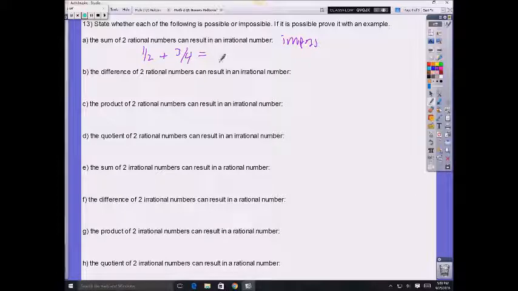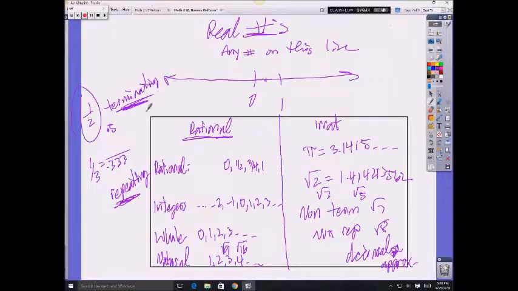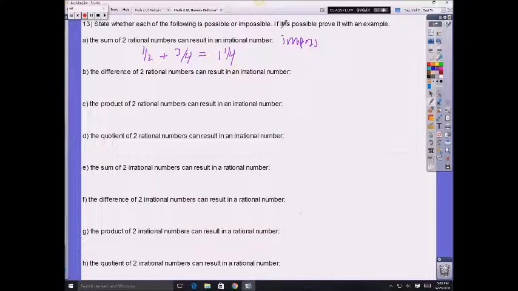Nope, 1/2 and 3/4 is 1 1/4. Your fractions are always going to create other fractions that either terminate or repeat. That is the same with subtraction. This is impossible. So you're trying to crossbreed numbers.